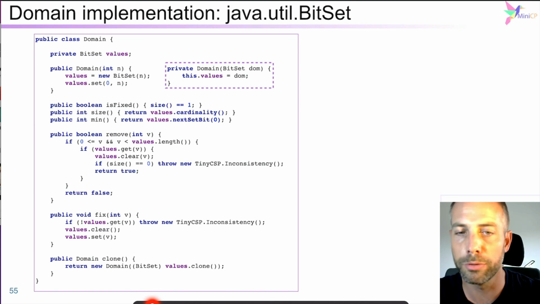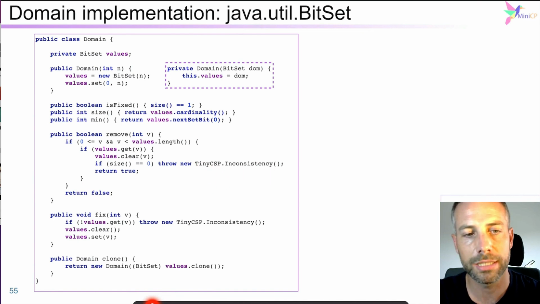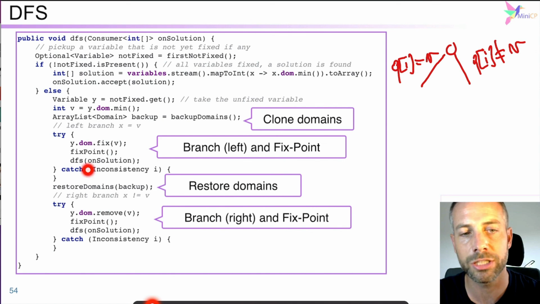If you remove 3, you need to throw an inconsistency exception. And so just after you clear the corresponding bit inside the bit set, if you detect that the size of the internal bit set representation is 0, you throw an inconsistency exception. And again, if you remember the depth first search, this inconsistency exception is caught there to make sure that you backtrack immediately.